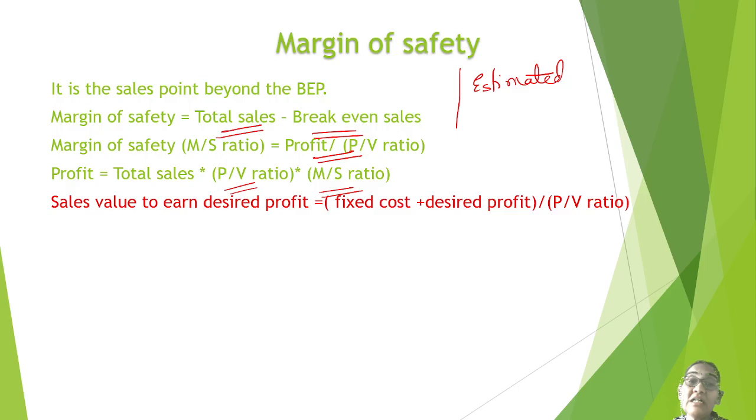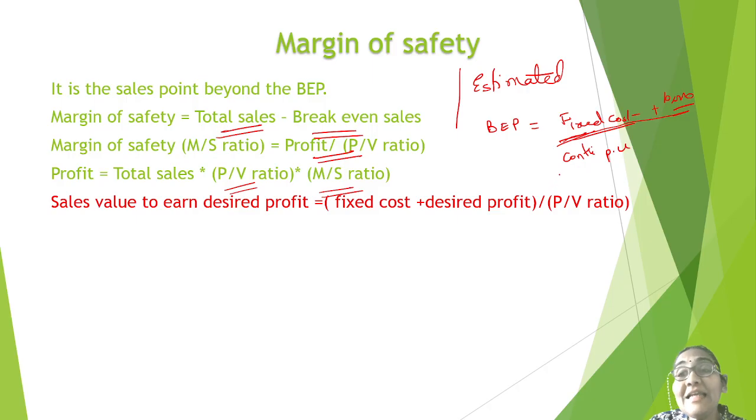Sales value to earn the desired profit. Remember, when we talked about the break-even point, we divided fixed cost by the contribution per unit, to find how many units need to be sold to recover the fixed cost. Now suppose along with the fixed cost, you also need a certain required profit, let's say 10,000 rupees. So what should be the number of units to be sold?